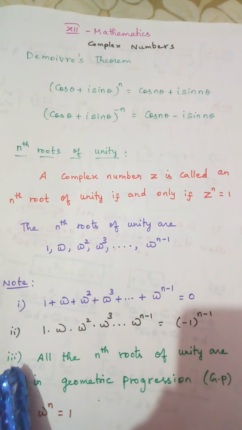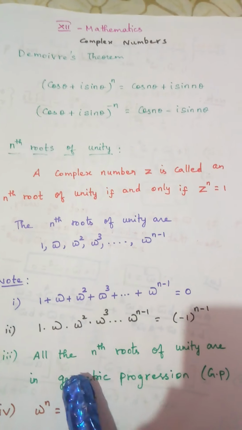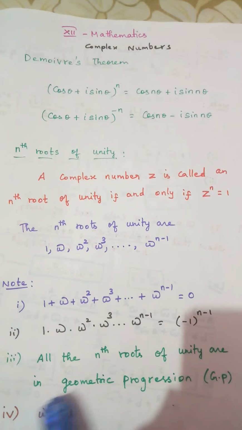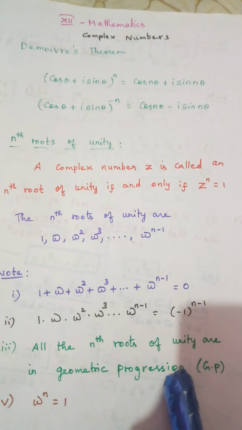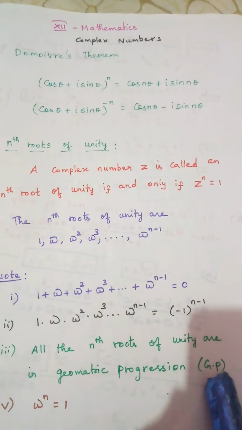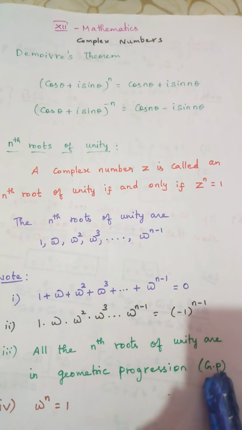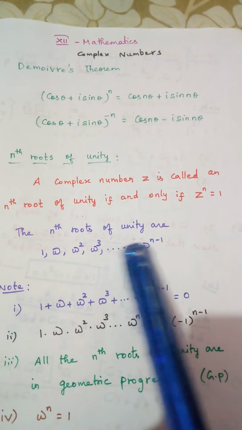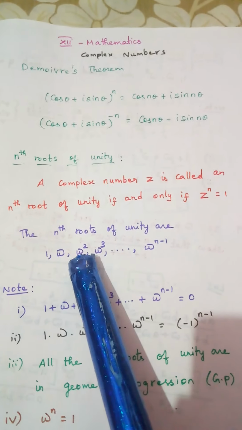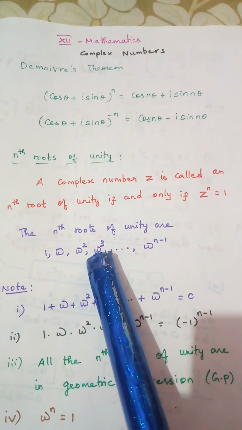And property 3 says it follows geometric progression. The nth roots of unity will follow what? Geometric progression, that means GP. You know very well what is GP and AP. Studied in 10th standard itself, right? If you see this itself, you can understand: 1, into omega gives omega, omega into omega gives omega square, into omega gives omega cube.